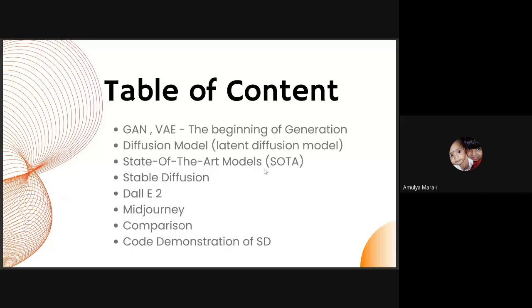What is it? What is the difference between these two diffusion models? Then let's talk about a few state-of-the-art models, such as Stable Diffusion, DALL-E 2, Midjourney, and try to compare them if we get the time. And then let's not miss the code demonstration for Stable Diffusion, where we put in text prompts and understand how things work.